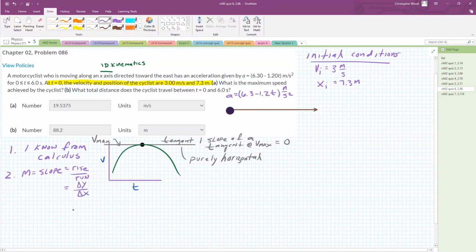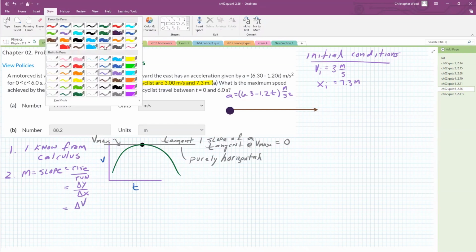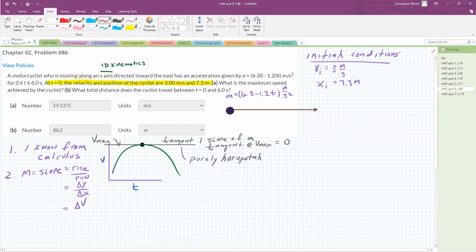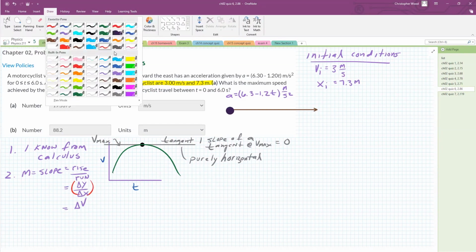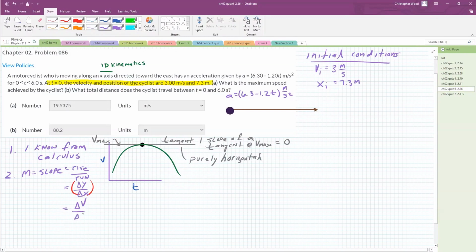That's true generically, but here it's not delta y because our y-axis is v. So instead of delta y, I'm writing delta v because we are using a velocity versus time graph, but it's the same thing. And then run is delta x. What's delta x in this representation? It's delta t.